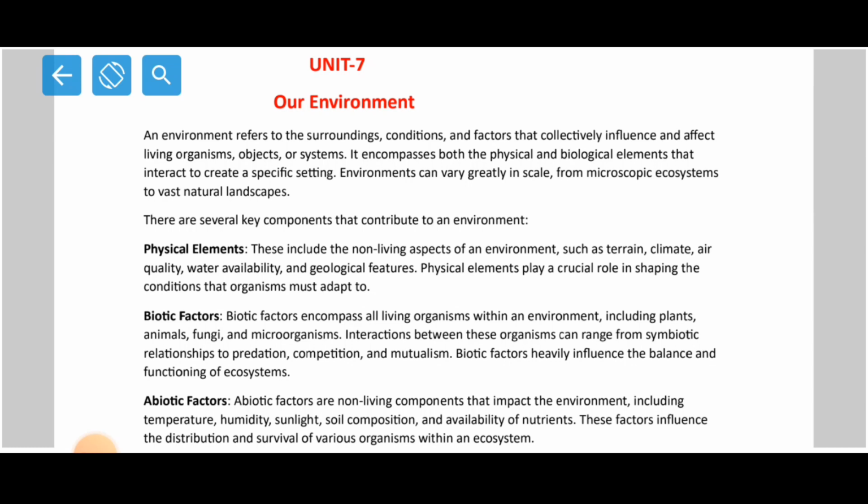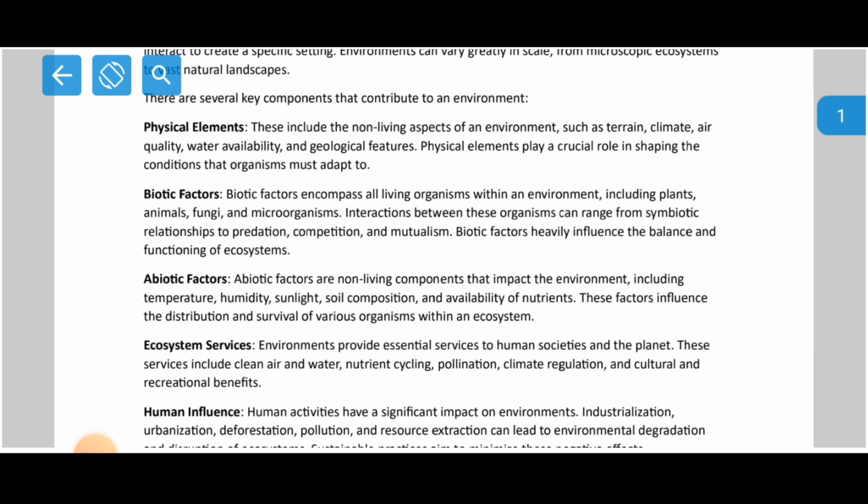Now biotic factors, let us see what we mean when we say biotic factors. Biotic factors encompass all living organisms within an environment, including plants, animals, fungi and microorganisms. Interactions between these organisms can range from symbiotic relationships to predation, competition and mutualism. Biotic factors heavily influence the balance and functioning of ecosystems.